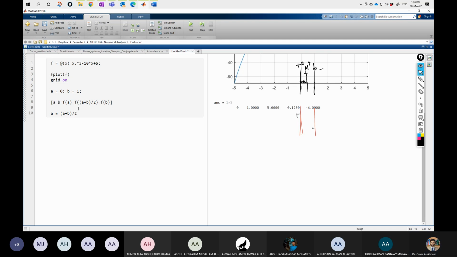So now the value of A is 0.5, right? Okay, so now let's repeat that iteration one more time. Over here, this is A, this is B, this is f of A, this is f of B, this is at the midpoint.